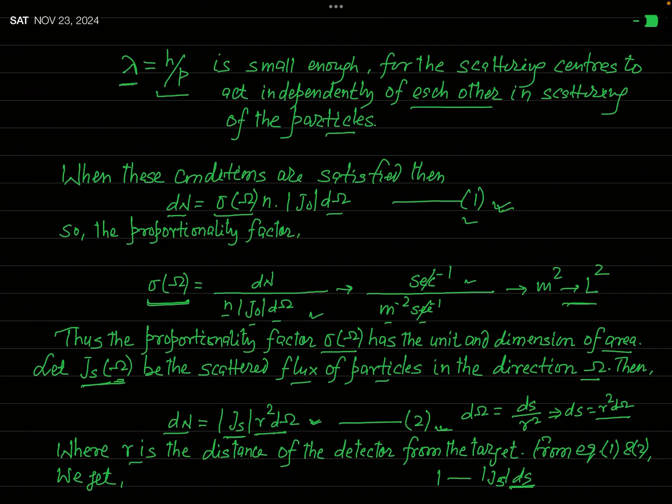J naught is the number of particles passing through unit area in unit time, and d omega is the solid angle, and when you divide dn by this much, you get this cross-sectional area.